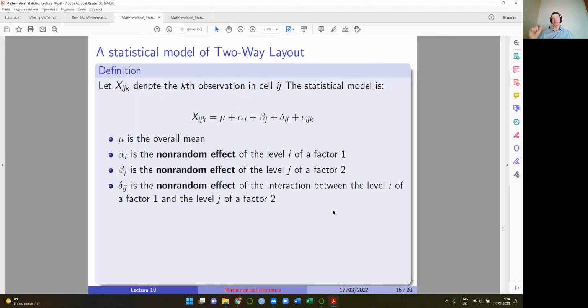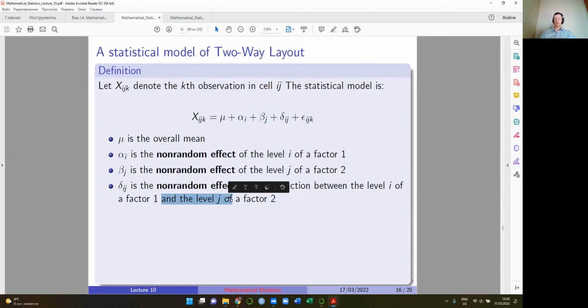So as I said, in real life, this means the following. This means that a particular technology works better. This means that a particular team works better. But this means that a particular team knows a particular technology better, and together they produce better or maybe worse, depending on the sign of this effect.